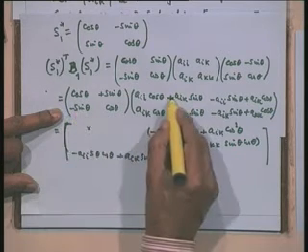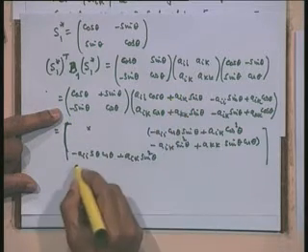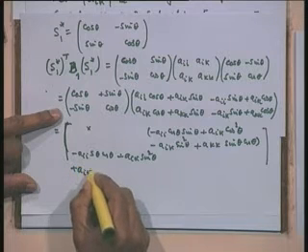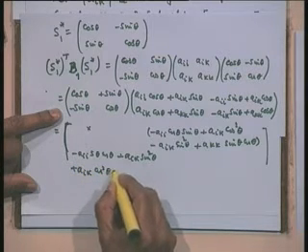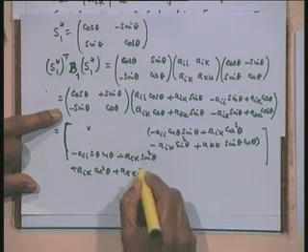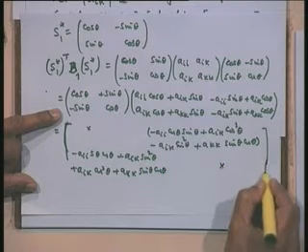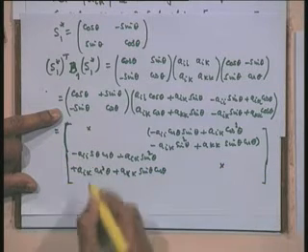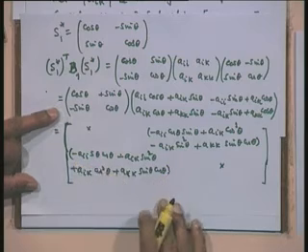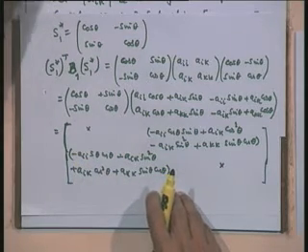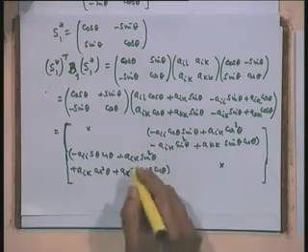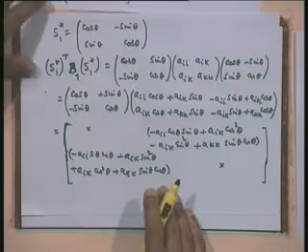I am multiplying this minus sin theta with this, and cos theta, plus a_ik cos square theta plus a_kk sin theta cos theta. As I mentioned, because of symmetry, these two elements would be identically the same.